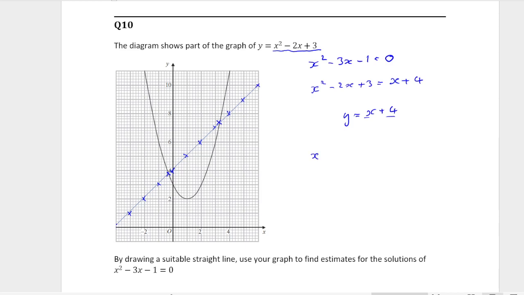So x is going to be equal to, that looks like minus 0.2. And the other point looks like 3.2.